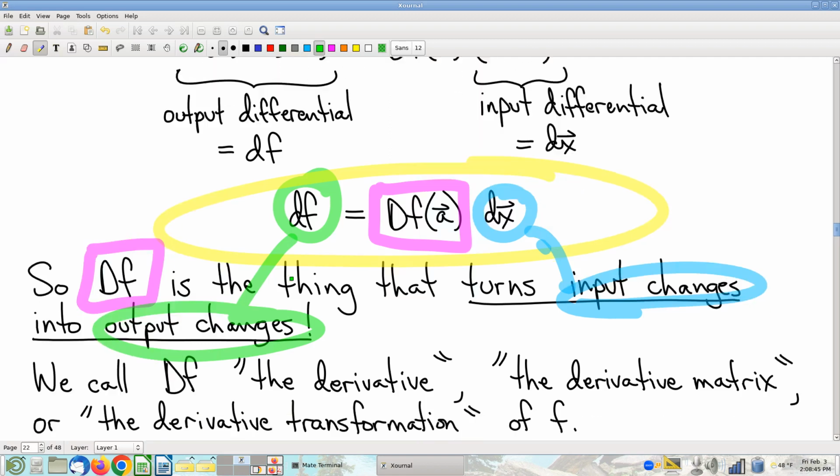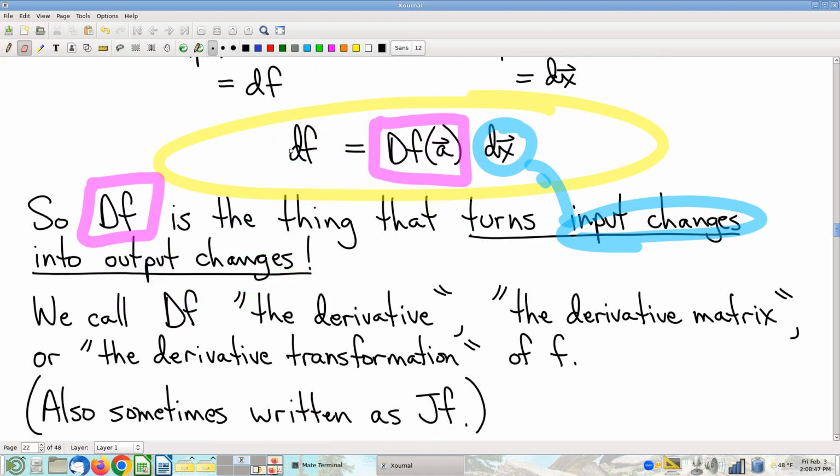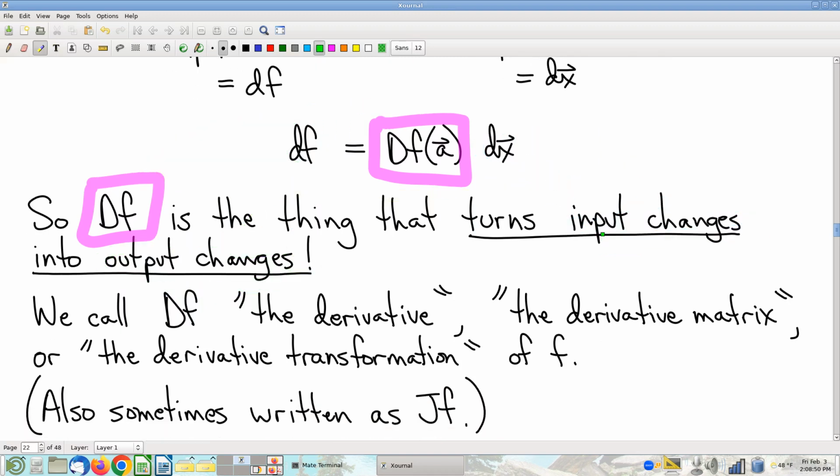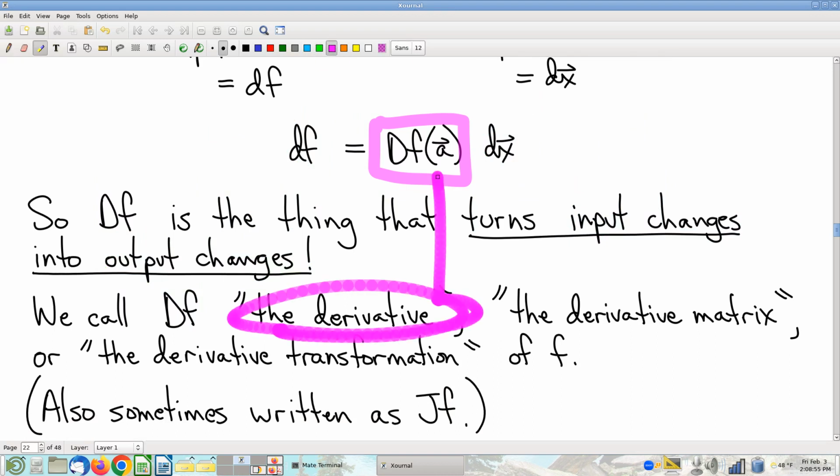So it is a kind of a derivative. And in fact, this is what mathematicians are usually talking about when they say the derivative. If you're talking about a vector-valued multivariable function, the derivative, in the most general sense, let's not make any assumptions about it having to be real valued or anything like that. In the fully general sense, the thing that turns input changes, which are vectors, into output changes, which are also vectors, is this matrix. So that's the derivative. And this is a little bit of a weird thing to digest the first time you see it. In Calc 1, the derivative is always a number.